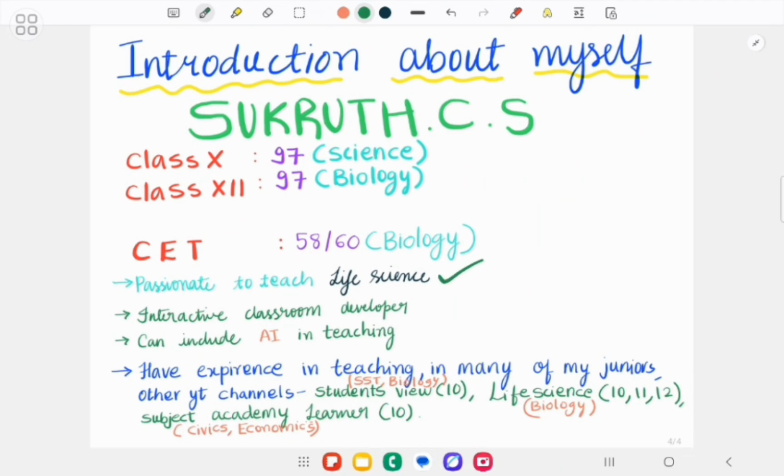So about me, my name is Sukrut CS. My biology score in class 12th was 97, and in 10th science was 97. My CET in biology was 58 of 60. So I'm very passionate about teaching life science. I can make a very interactive classroom. I use AI for teaching, which will be very impressive and attractive to the students.